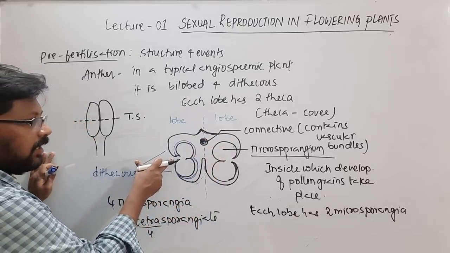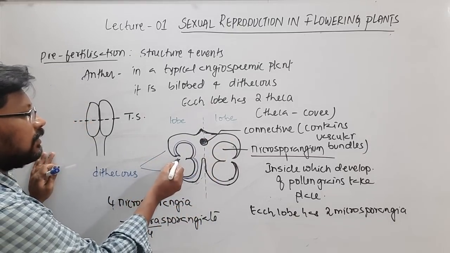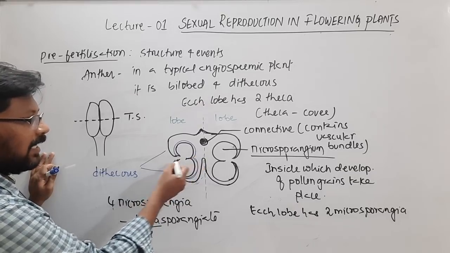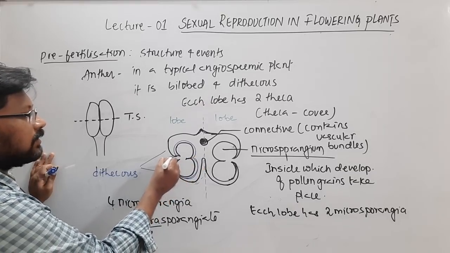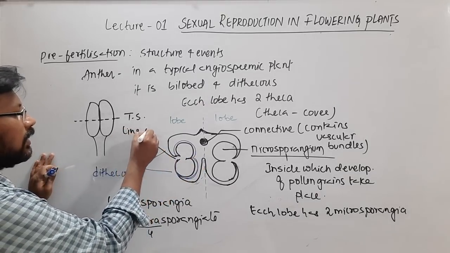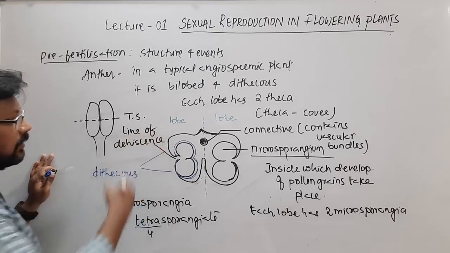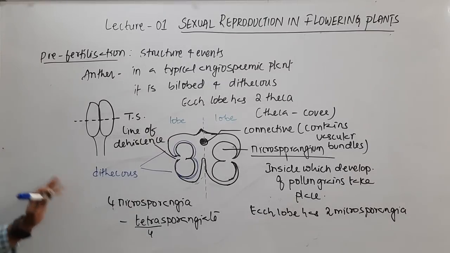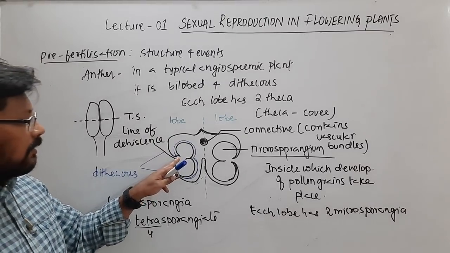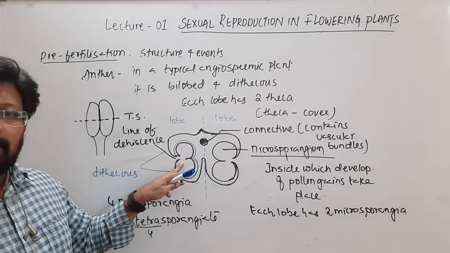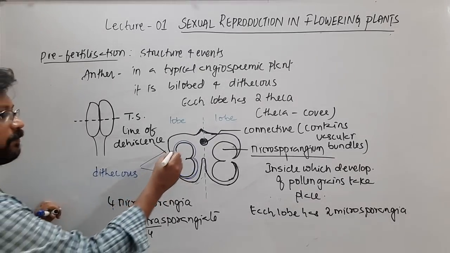And longitudinally, along the length of the anther, you will find something called the line of dehiscence. The line of dehiscence is the point where it splits open so as to release the pollen grains, right?